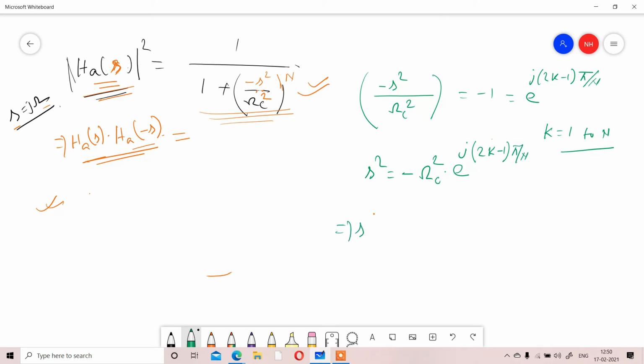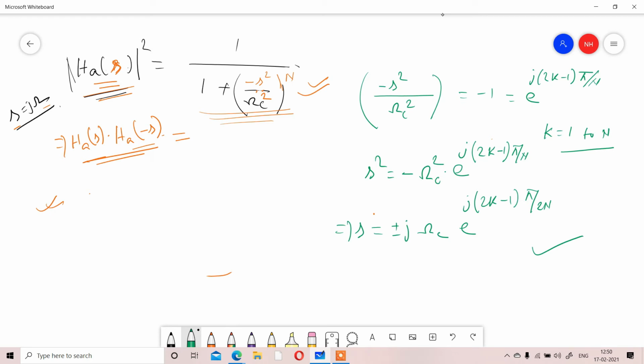So from here s will be what? Root of minus 1 is plus minus j, root of omega c square, that is omega c, root of that square means that will be 2n, e to the power j (2k minus 1) pi by 2n. So that will be your s. Those are the poles.